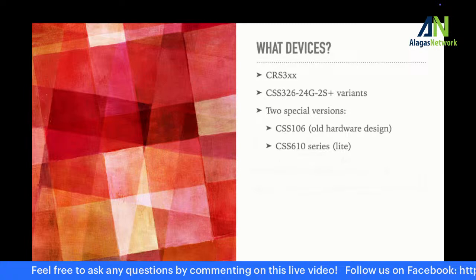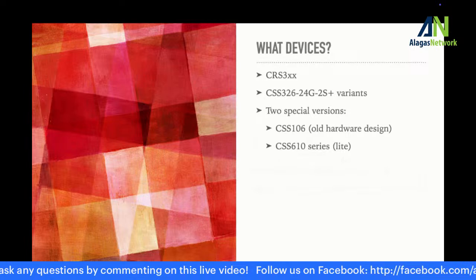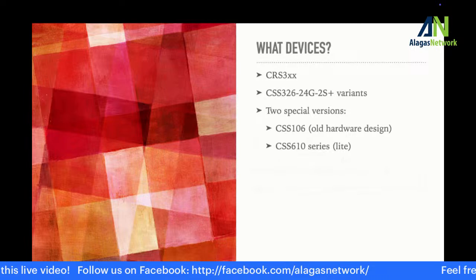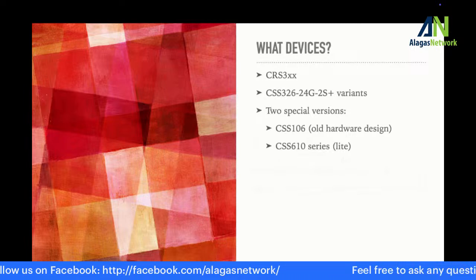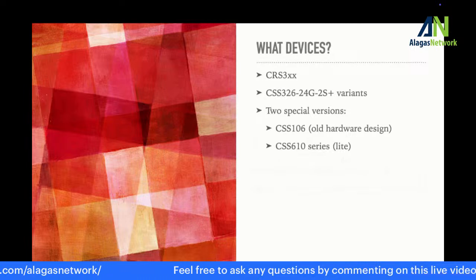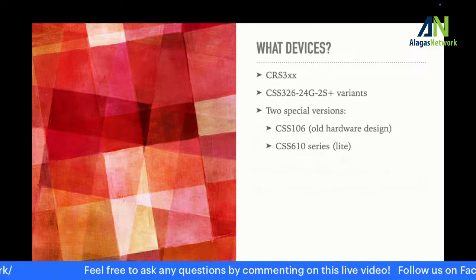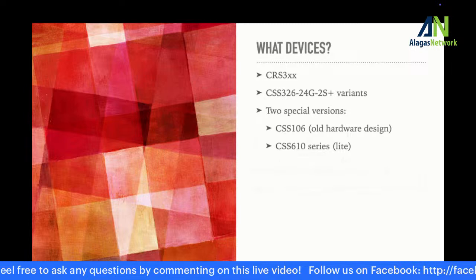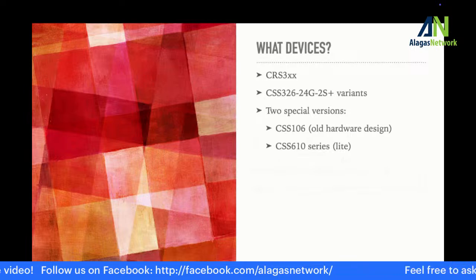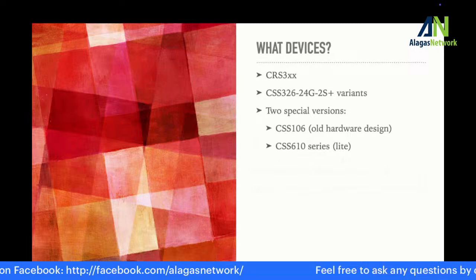The first version is for the older hardware. Even though it's no longer in production, it's still being used widely. CSS 106, also known as the RB260GS and the GSP. So it's running a different version of SwOS inside, but of course the same features.